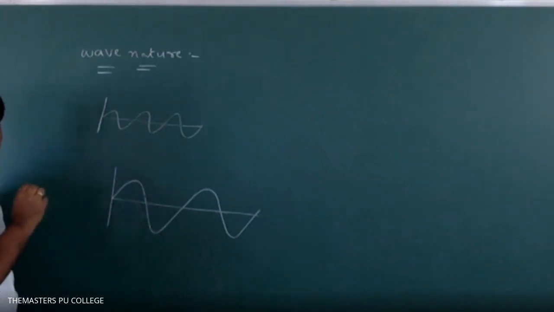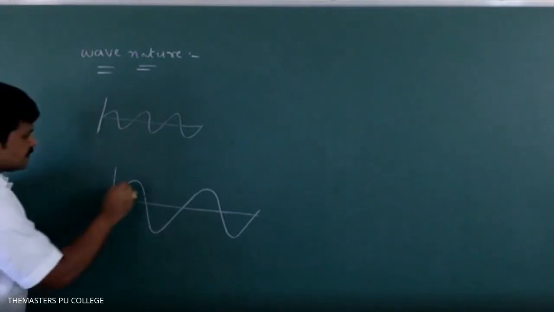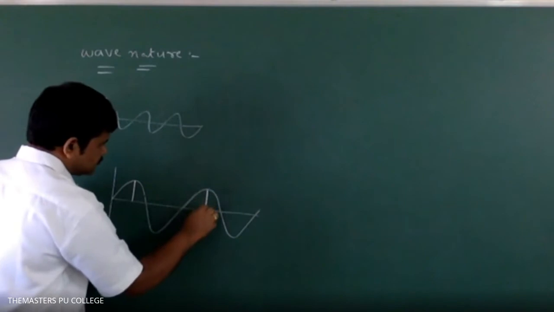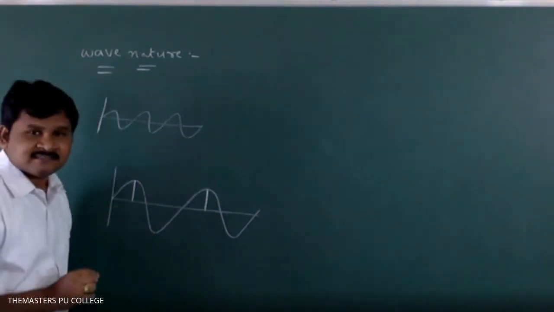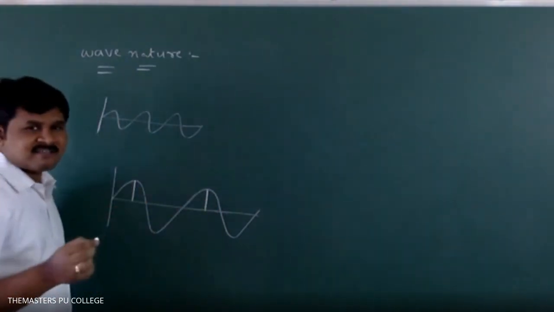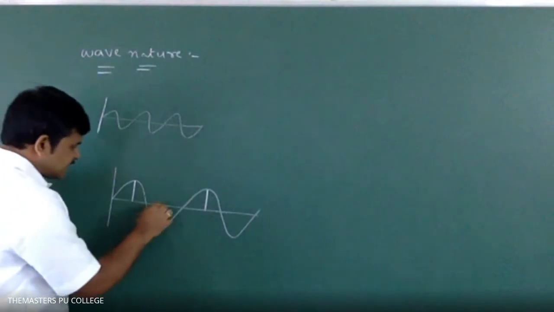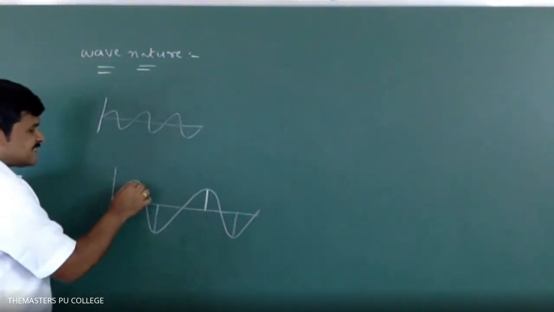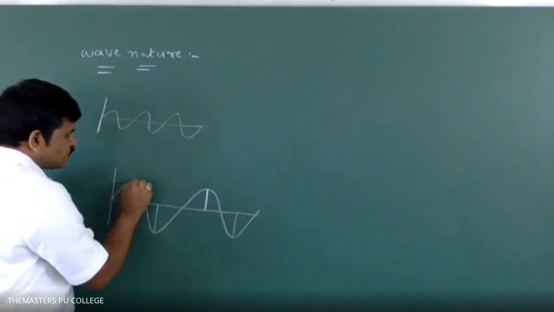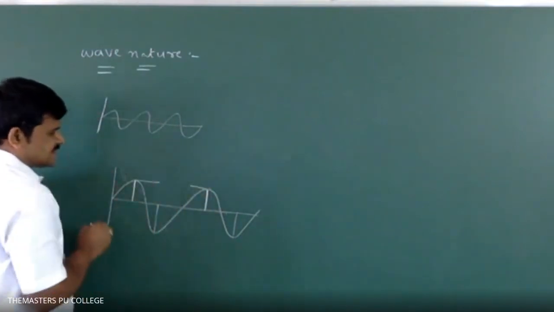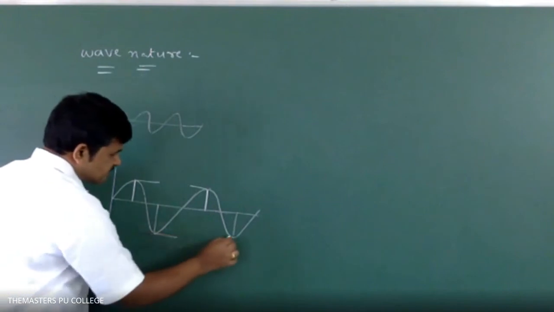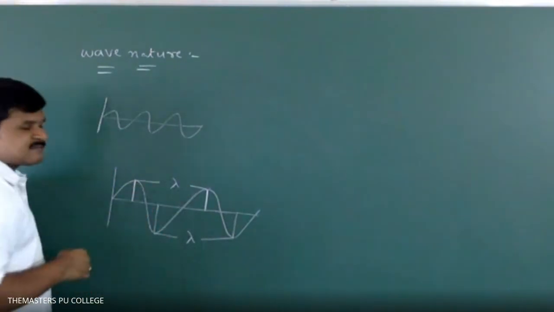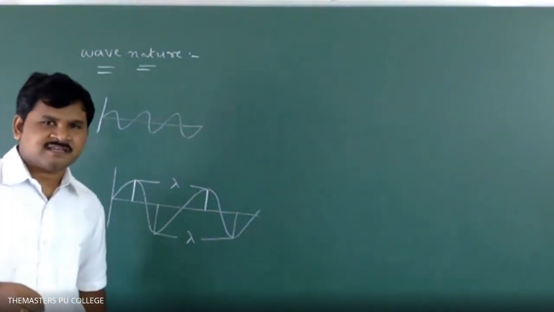In physics language the top is called crest, and the bottom is called trough, T-R-O-U-G-H. The distance between two successive crests or two successive troughs is called wavelength. Wavelength symbol is lambda. Clear, students?